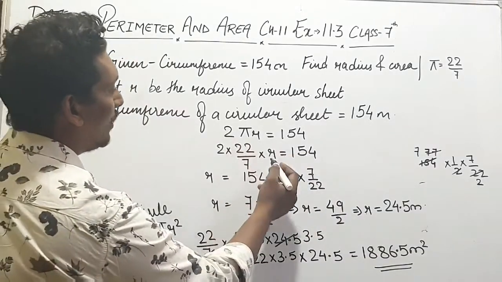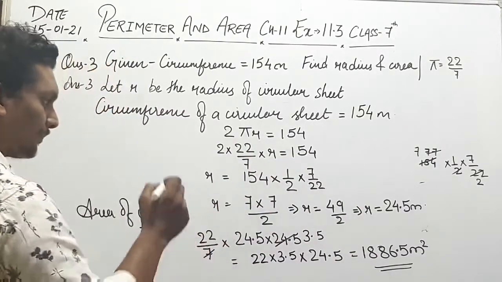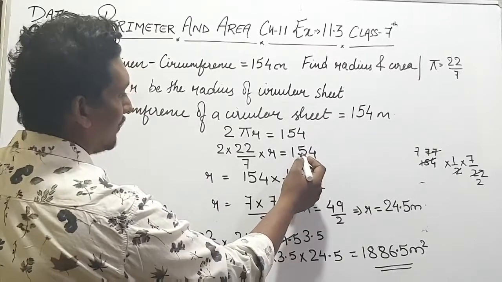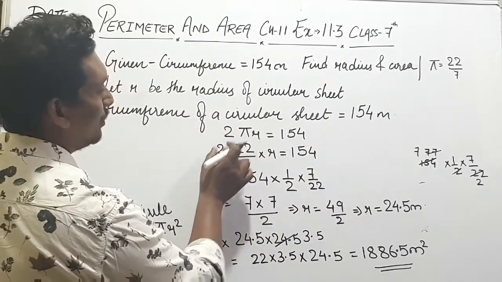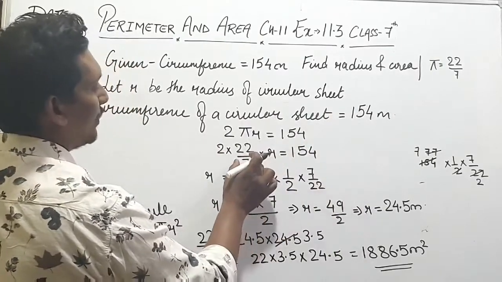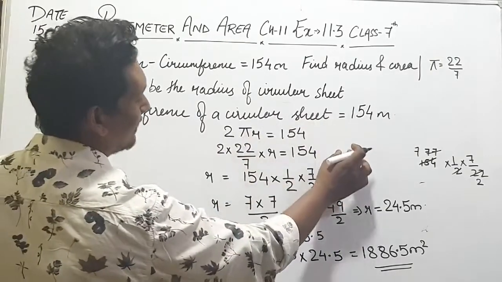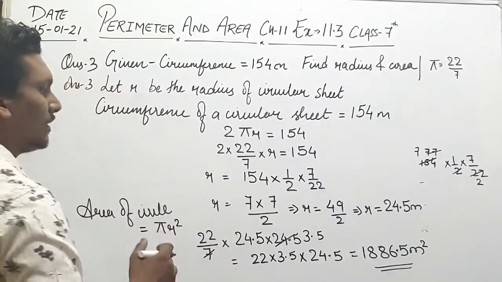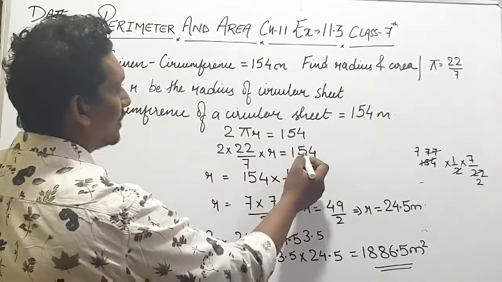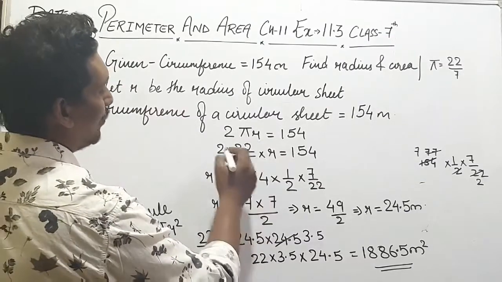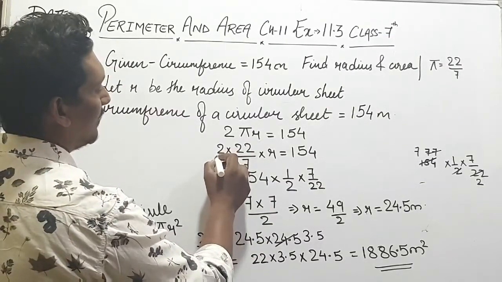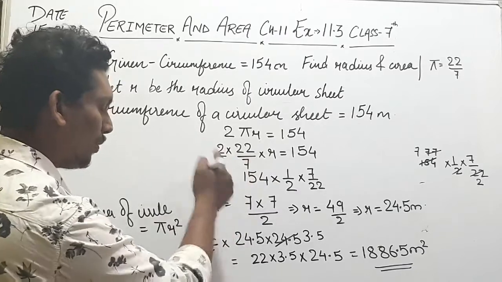So we have to find the value of r. r is equal to this 154. We have to shift this 2 this side and this 22 by 7 also this side. So this 154 you have to write as it is. This 2, when you shift, if a number is not there, just put 1 here.